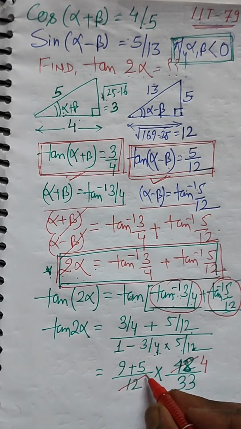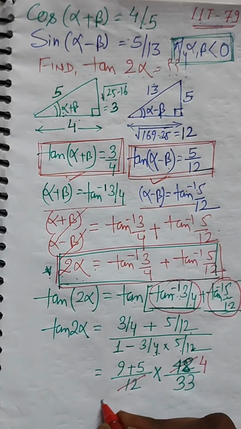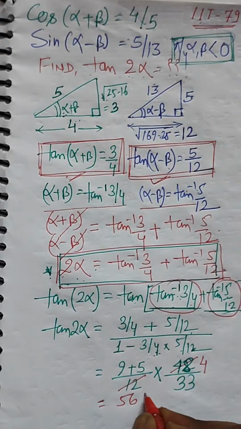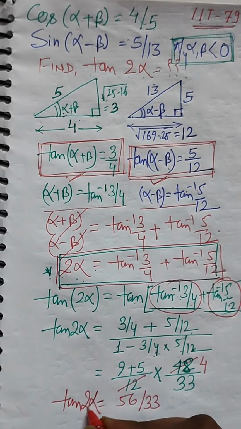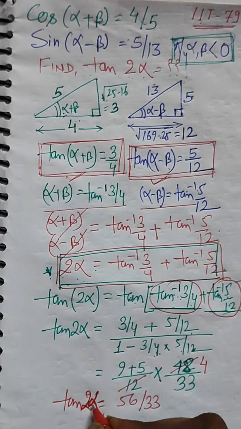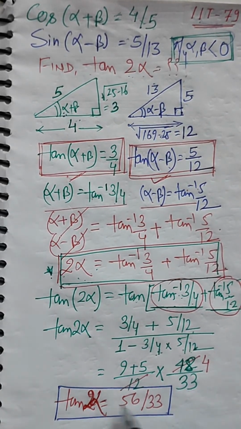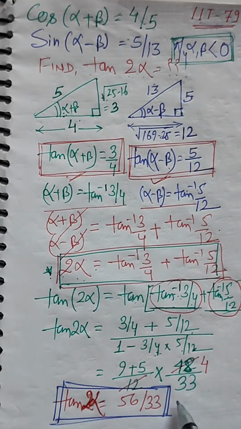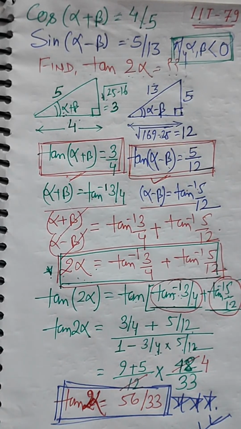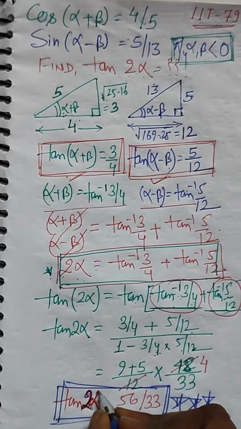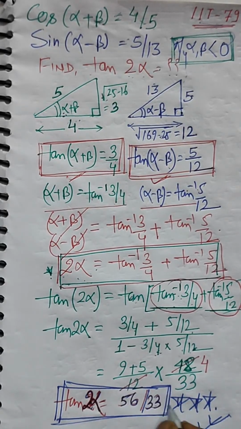And 9 plus 5 is 14, so 14 by 33. So 14 will be multiplied by 4, that is 56 by 33. So the value of tan 2 alpha is calculated as 56 by 33, and in this way we have solved this question, right?